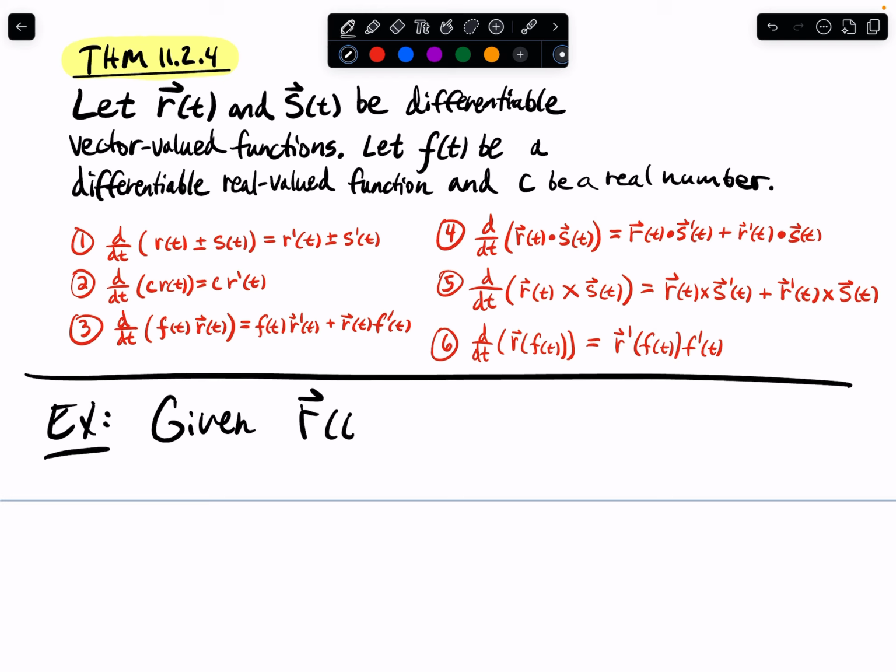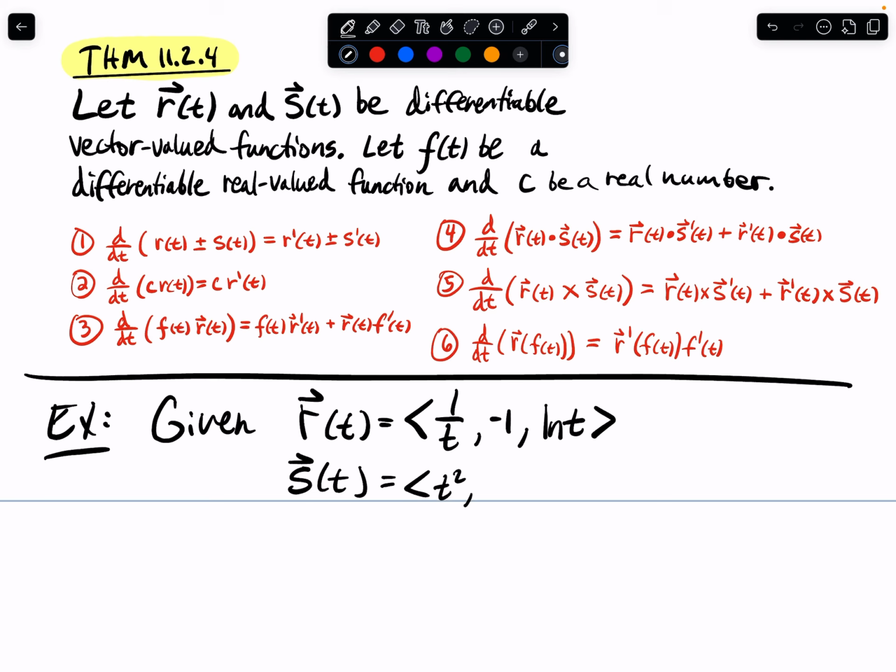Given R of t is 1 over t, comma, negative 1, comma, ln t, and S of t is t squared, comma, negative 2t, comma, 1.